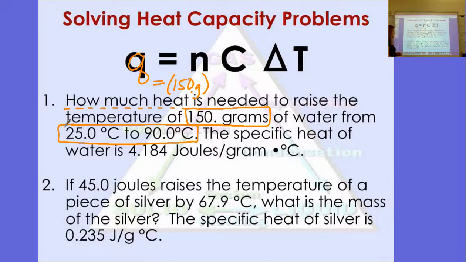There's my temperature change. Remember, delta T equals final minus initial. My final temperature is 90. 90 minus 25 is 65 degrees.